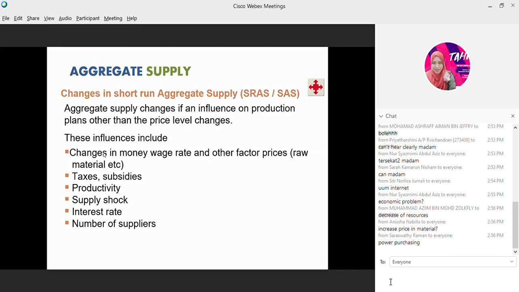The first one is changes in money wages and other factor prices. Factor price here refers to the price of resources. We know that we have four types of resources.